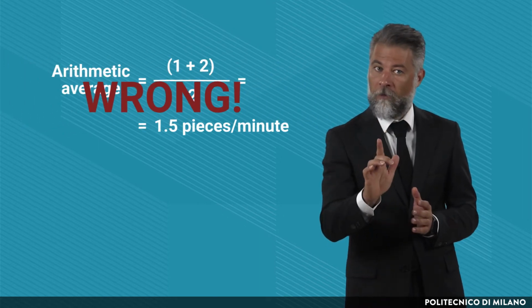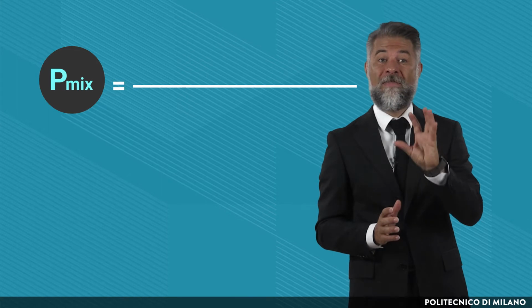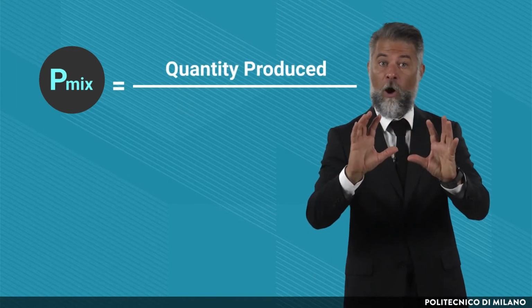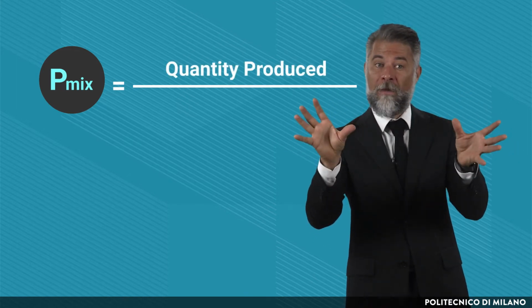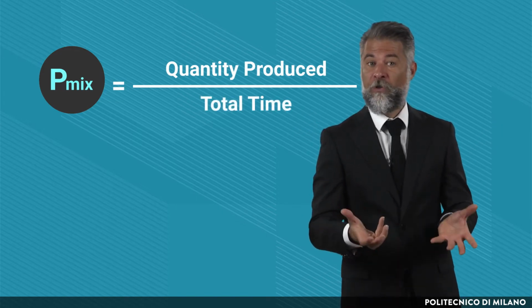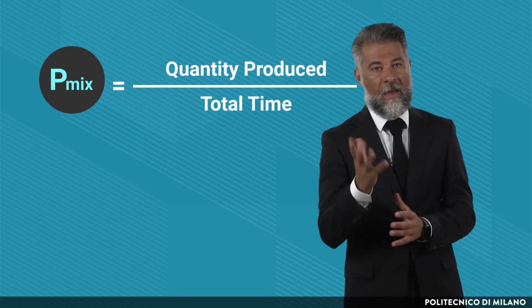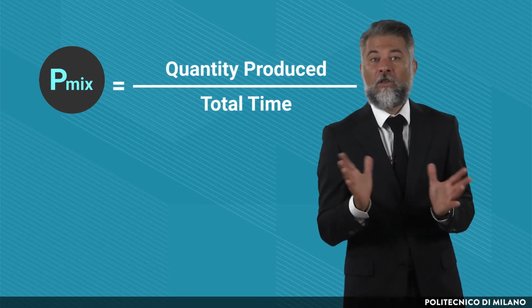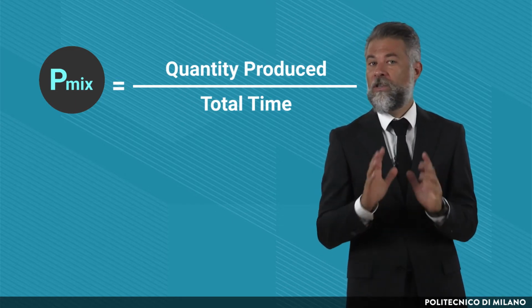That's wrong. P-mix is the ratio between the sum of the quantities of different items that have been produced and the total time needed to produce them. Caveat: do consider that total time should also include setup times.